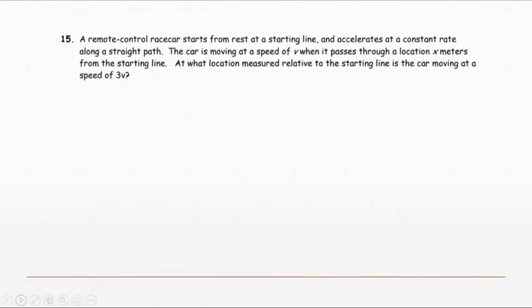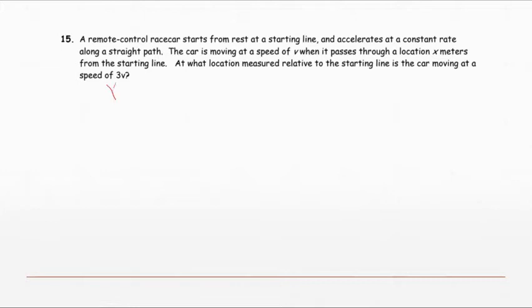So let's look at this next question, okay? We have a remote control race car that starts from rest at a starting line and accelerates at a constant rate along a straight line path. The car is moving at a speed of v when it passes through a location x meters from the starting line. At what location measured relative to the starting line is the car moving at a speed of 3v?